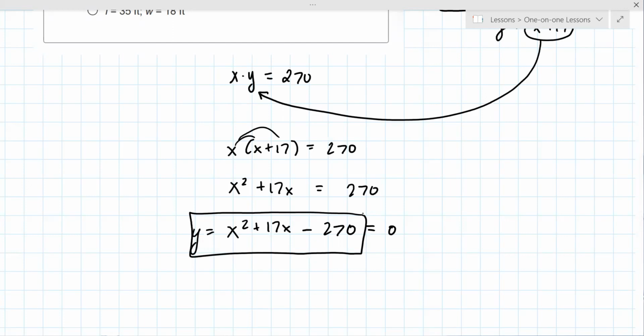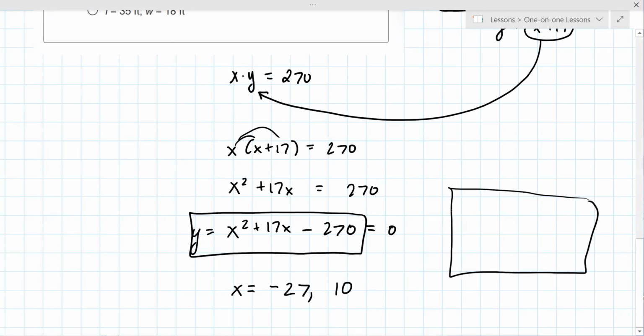Found the points. What's one of the x values? Negative 27. Okay, what's the other one? Positive 10.